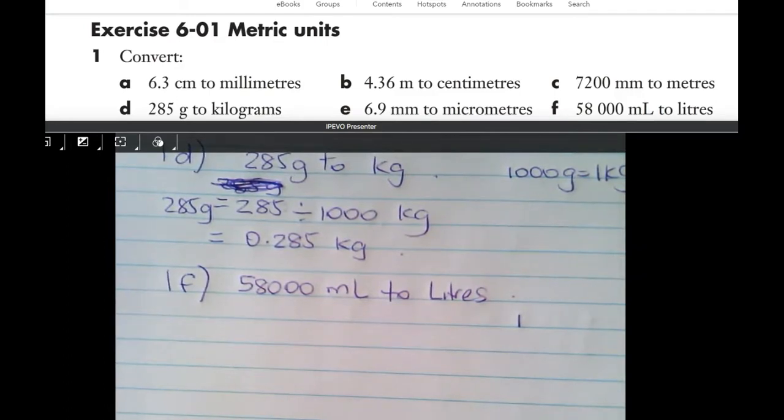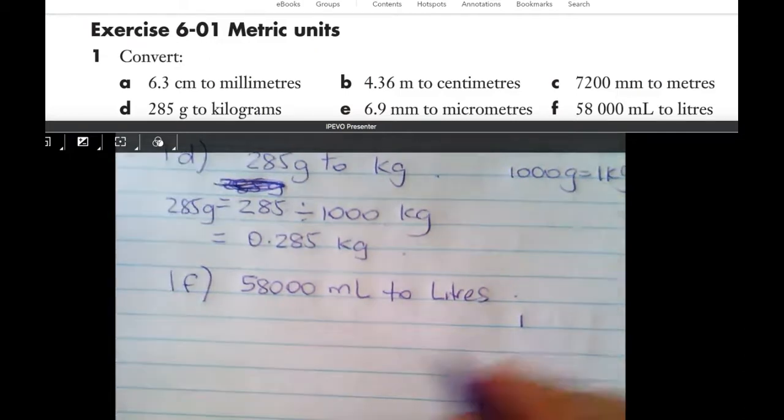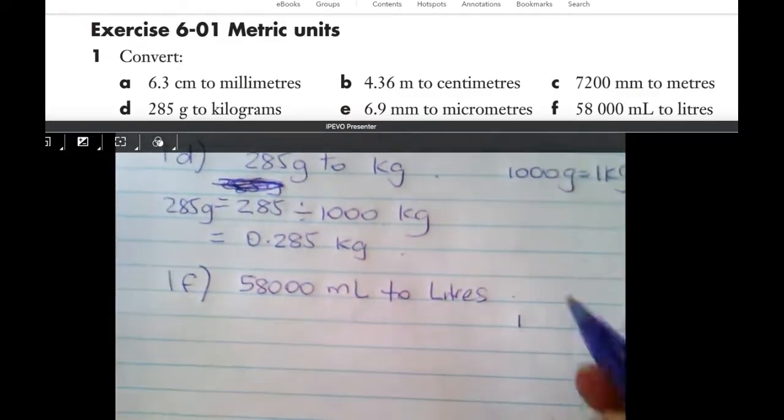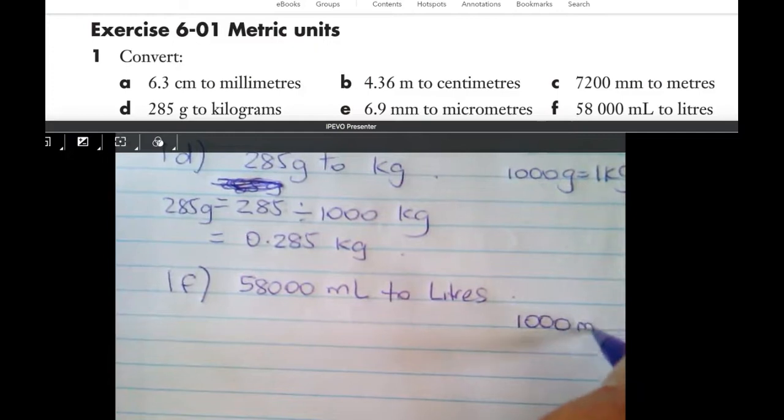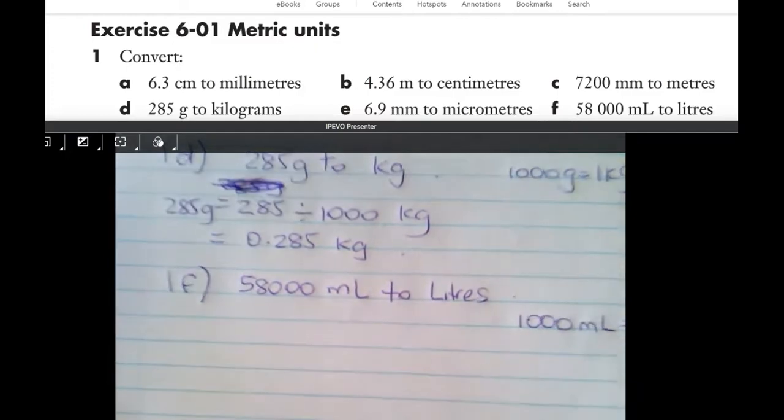Most of the conversions will be 1,000 except for 10 millimetres is a centimetre and 100 centimetres is a metre. Pretty much all the other conversions involve 1,000.